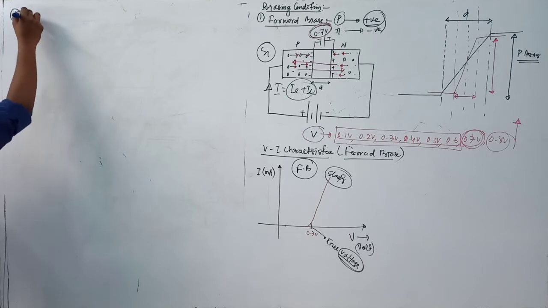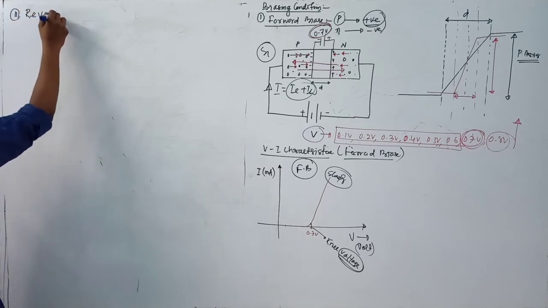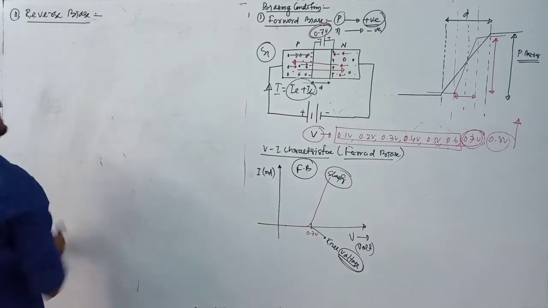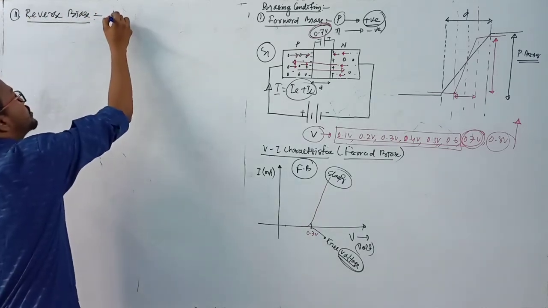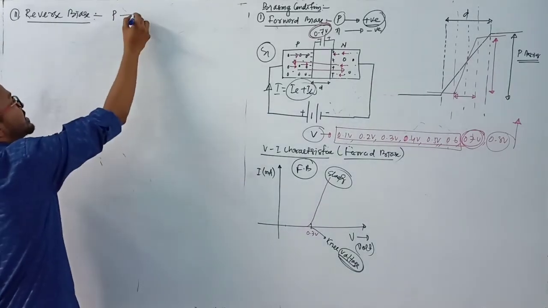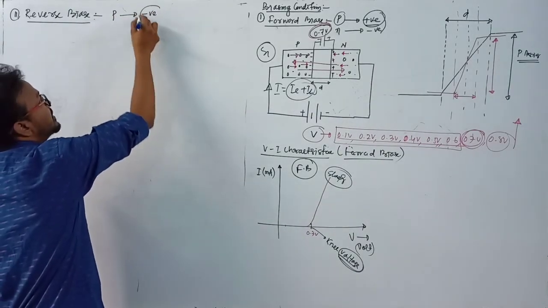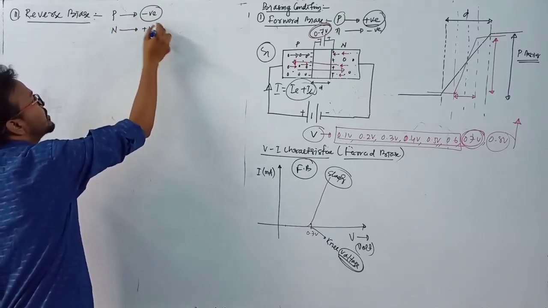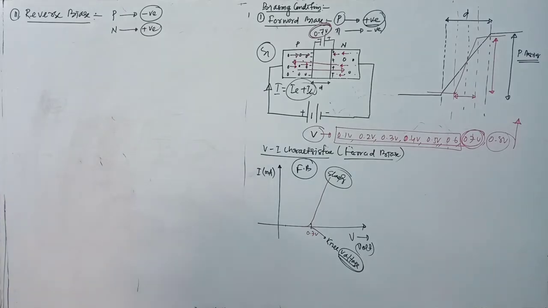The second biasing condition is known as reverse bias. In this case we have to connect the terminals of a battery with the p-type semiconductor to negative and the n-type semiconductor to positive. Opposite polarity we have to use here.